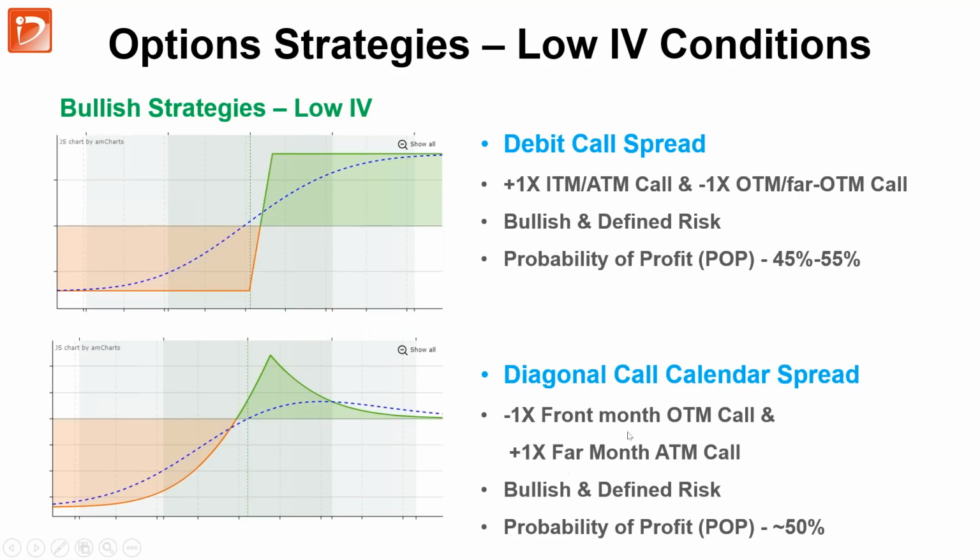So the price increase in the far month option will be higher than the near month call option when there is an increase in IV. Your payoff will be much higher if your IV increases in this case with this strategy. That is why it has to be done under low IV conditions.